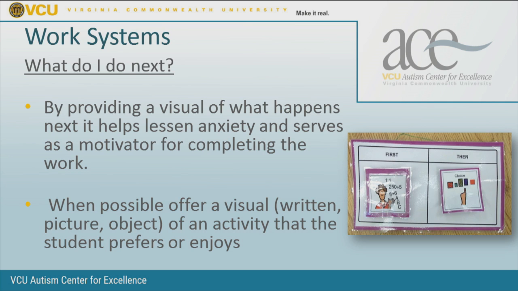On the right, you see a simple first-then board. In the left column, the first column, you see the work that needs to be completed. In the right column, the then column, you can use a visual of a choice activity. In this particular situation, I just put a blanket choice picture, but you can use something more specific to that student if it's appropriate.